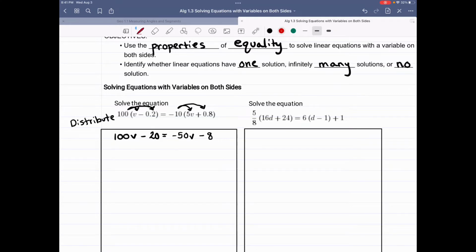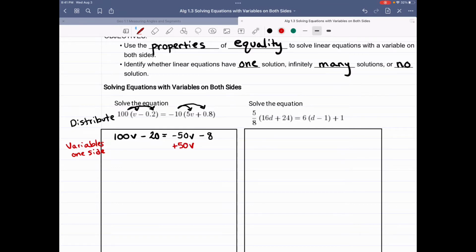The next step that we're going to do is get the variables on one side. And to do that, we have to undo what's being done to the side that they're on. So since we have minus 50, we're going to add 50v.